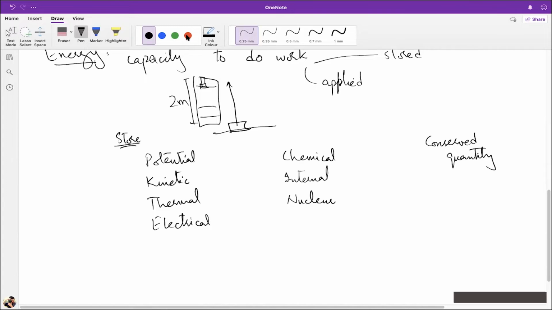So what was that person doing? They were moving, taking the kinetic energy that they had and converting it to potential. But where did they get the kinetic energy from? From their muscles. And where did the muscles get their energy from? From the chemical energy in the food that they had.